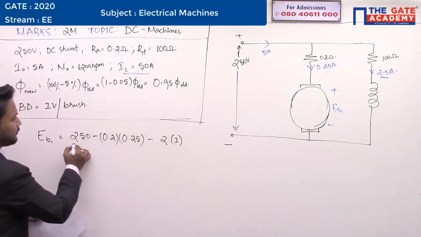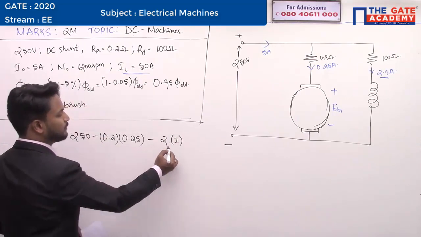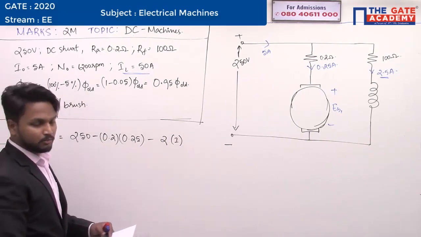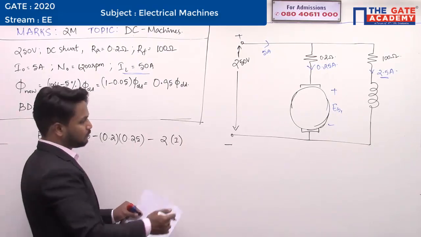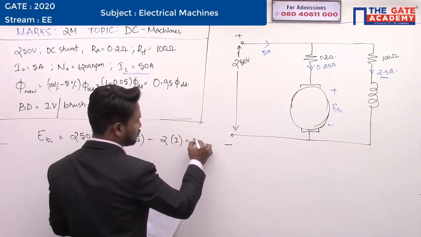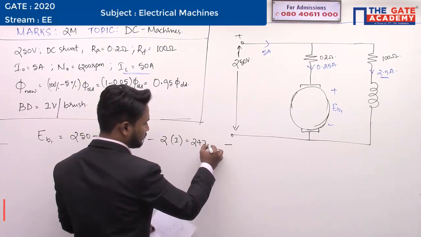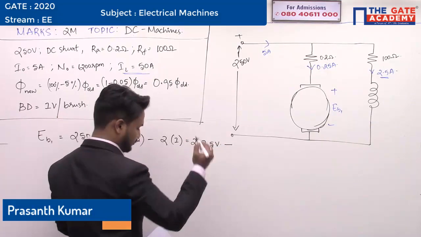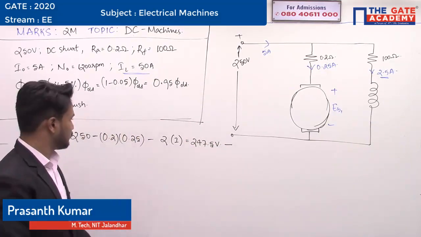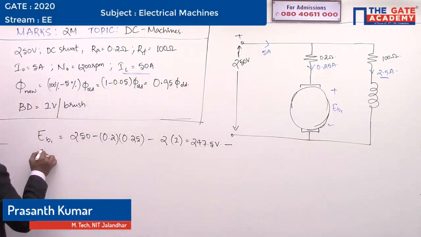Right? So 250 minus 0.2 into 0.25 minus 2 into 1 volt. This is going to give you 247.5 volts.